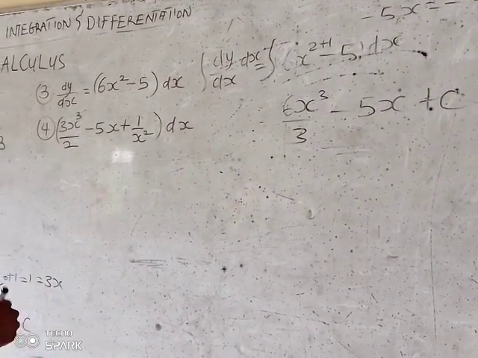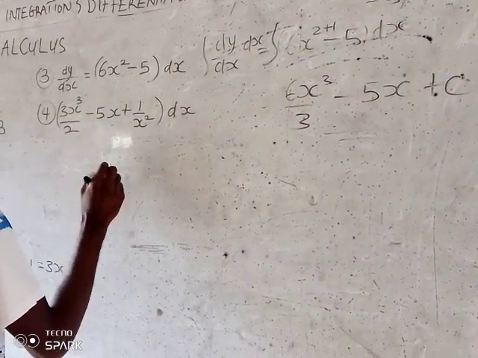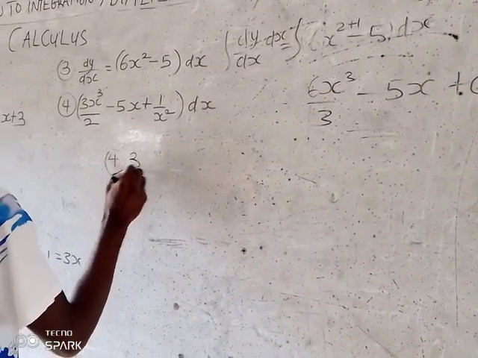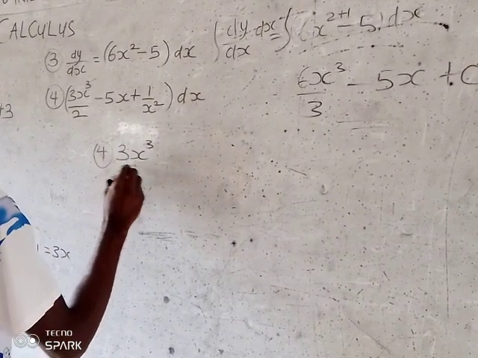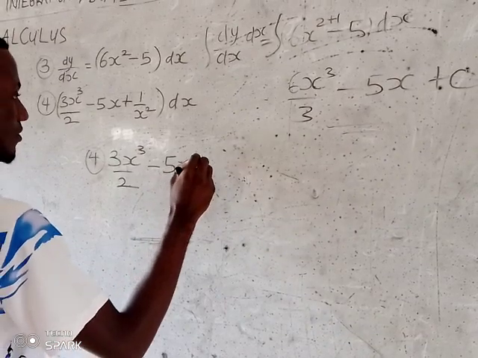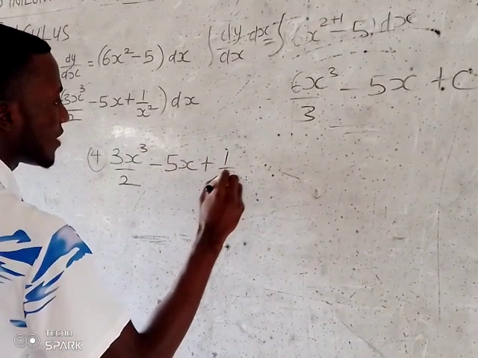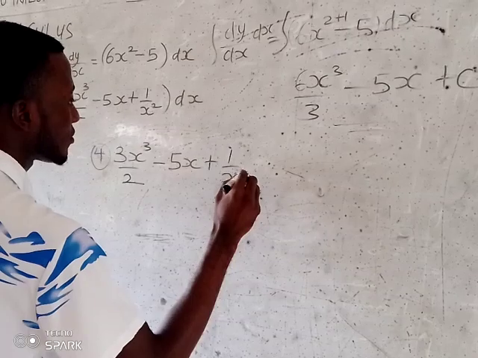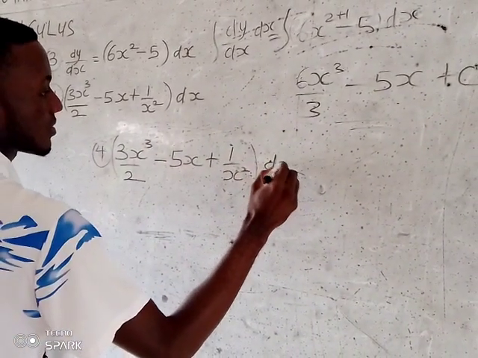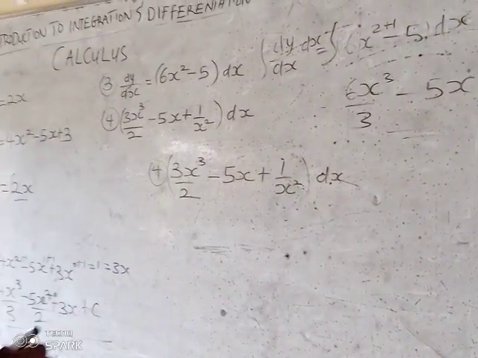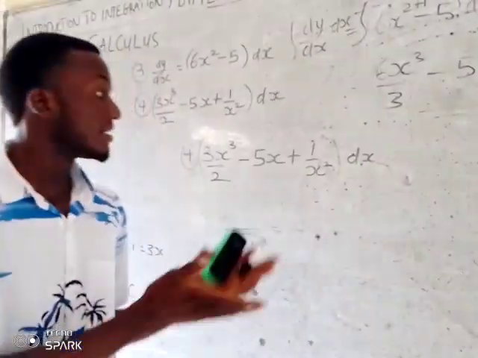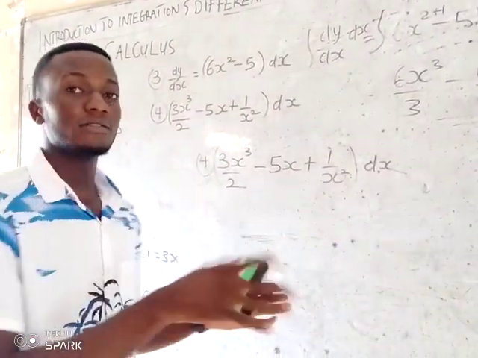Attempting number 4. Number 4 is giving us 3s cubed over 2 minus 5s plus 1 over s raised to the power of 2. This will look confusing. Actually, this kind of equation you can't integrate directly because it's in a form that's not integrable.